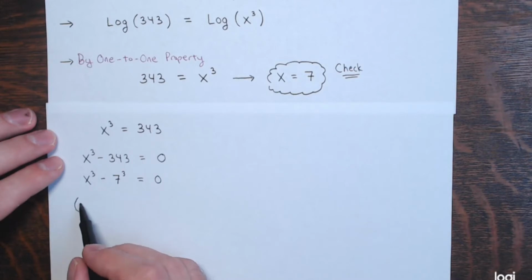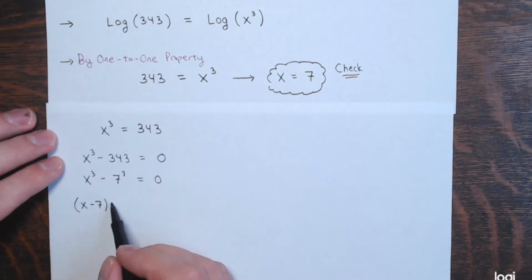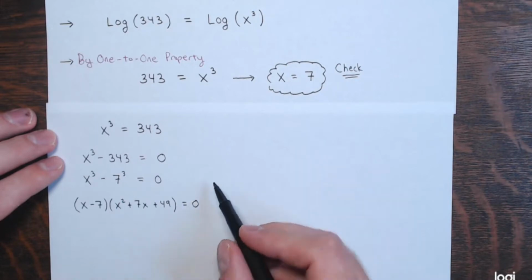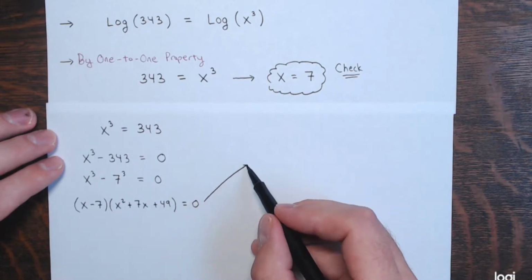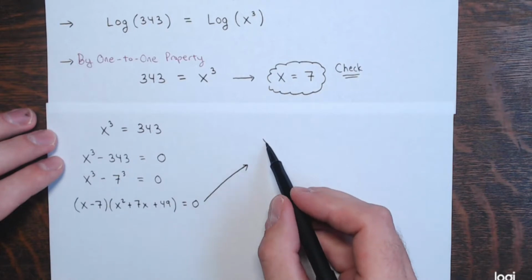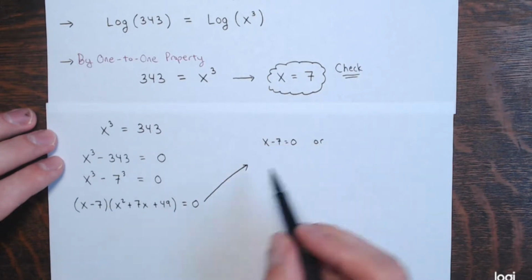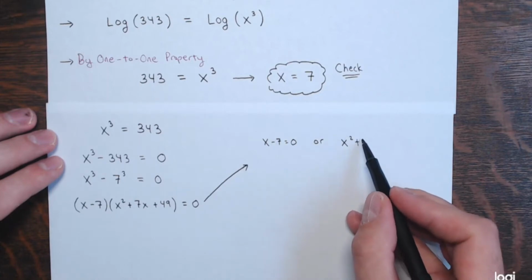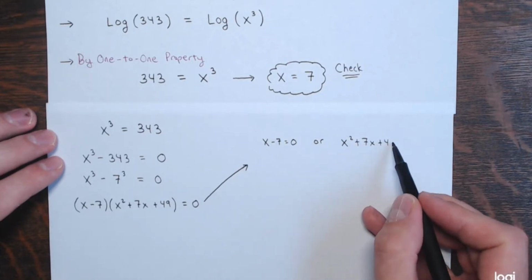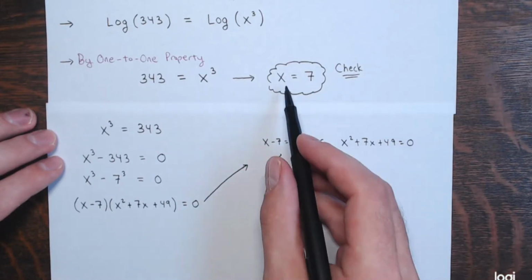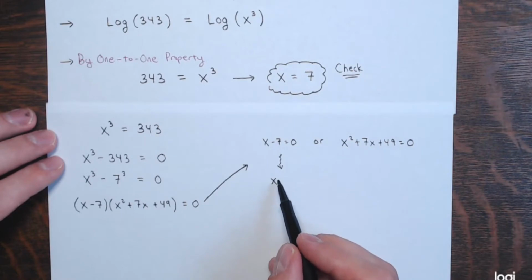So this would factor to x minus 7 times x squared plus 7x plus 49. Then we apply the zero product property. So either x minus 7 equals 0, or this other factor, x squared plus 7x plus 49, equals 0. And from the first one, I'm getting the solution I told you about earlier, x equals 7.